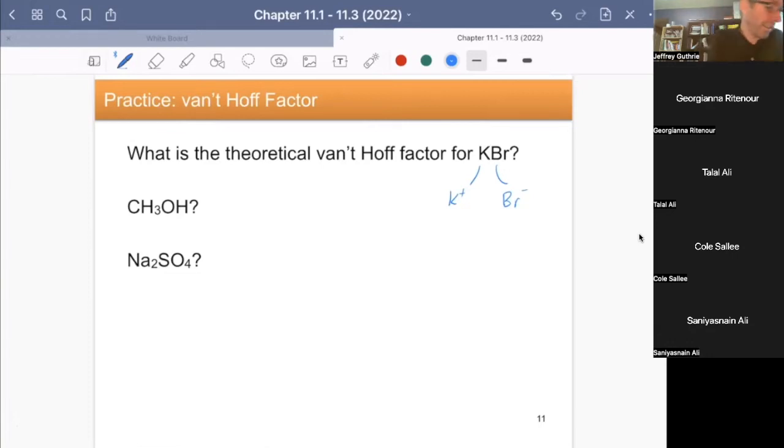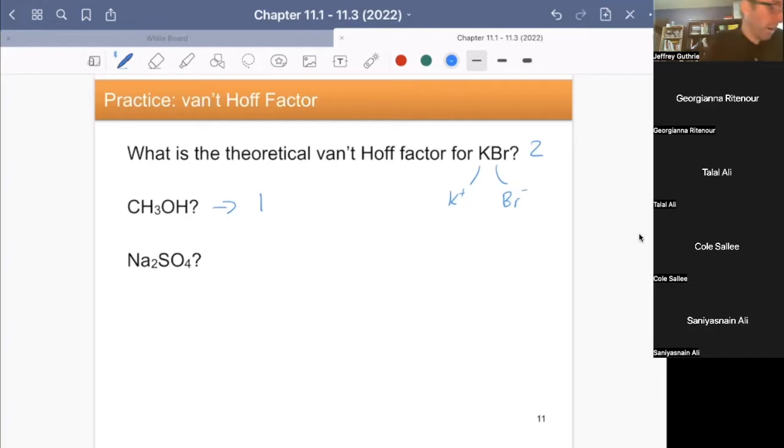1 is correct. So this one is 1. This one is 2. And now the third one should be 3. 3 is correct. Now that one may be a little bit more difficult just because it contains something called a complex ion. And that, I'm pretty sure, is something you probably learned in General Chemistry 1.